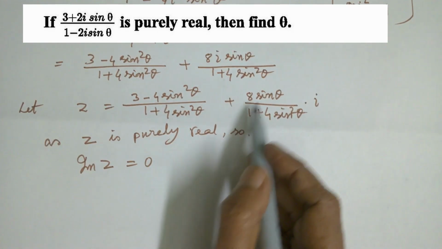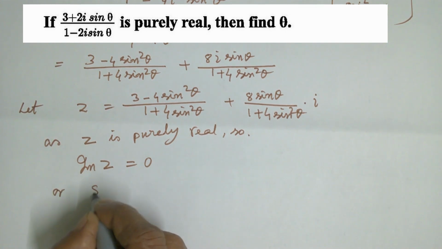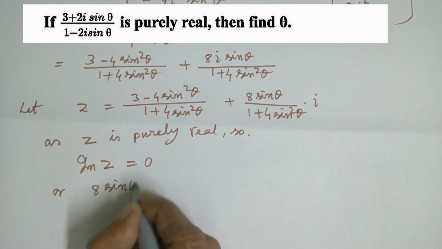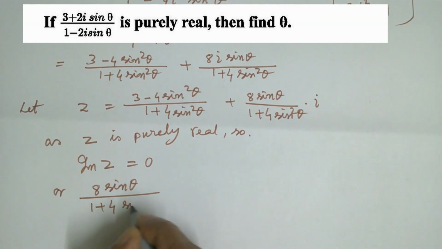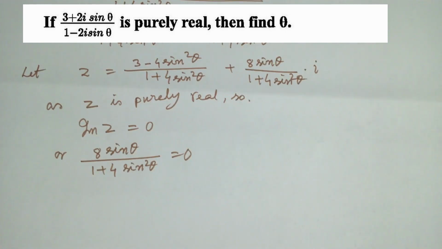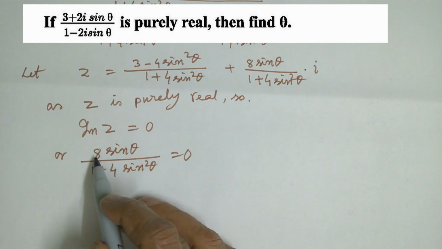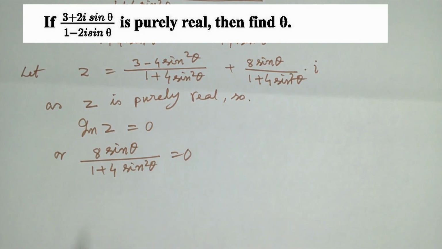What is the imaginary part here? 8 sin theta by (1 plus 4 sin square theta) is equal to 0. Right hand side 0, left hand side has 8 as one factor, sin theta another factor, and 1 by (1 plus 4 sin square theta) another factor.